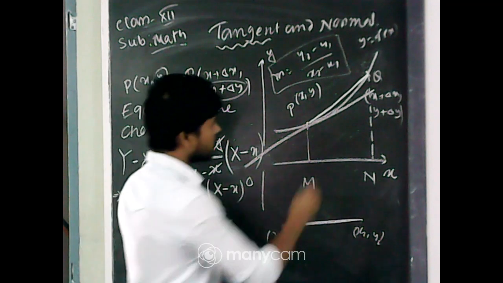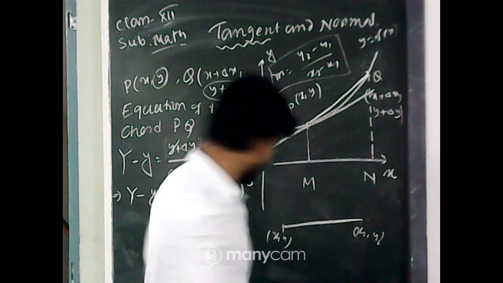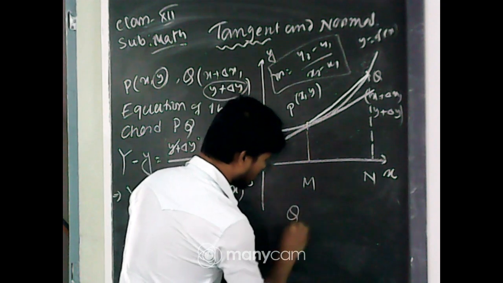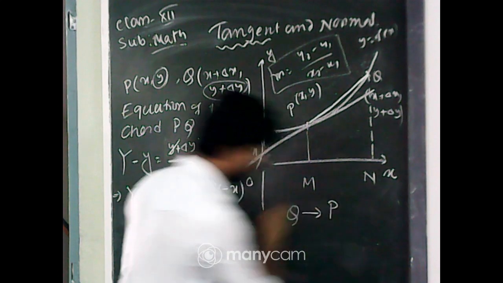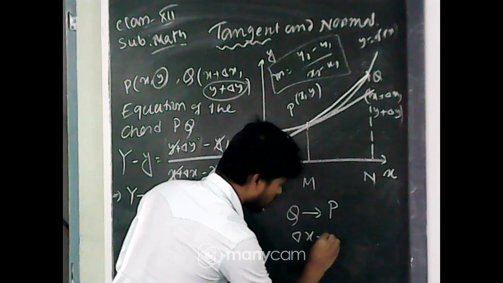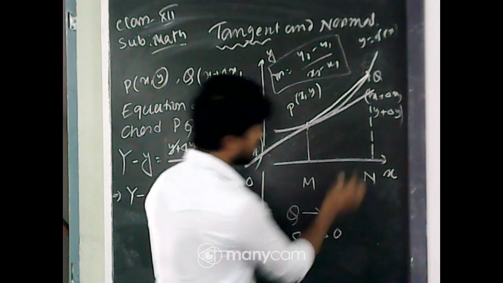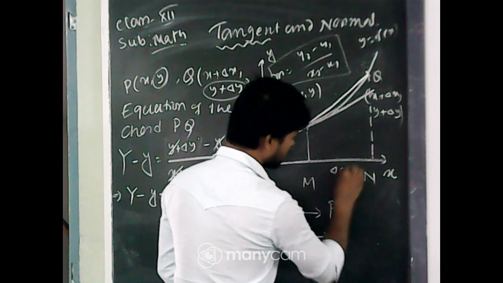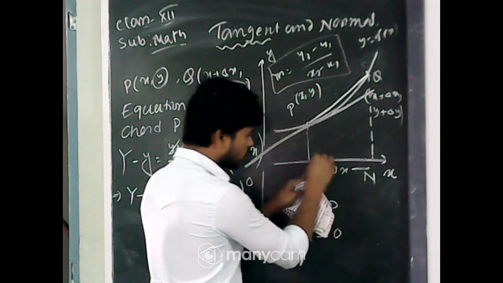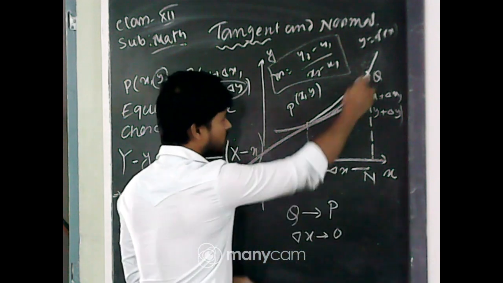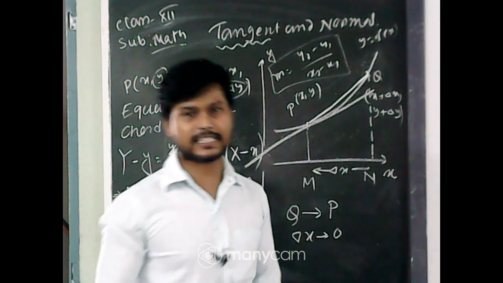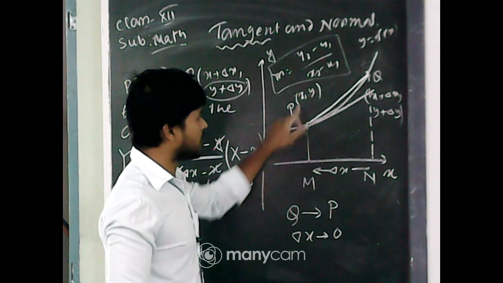So when Q tends to P, delta x tends to 0, and this chord PQ will be converted into the tangent of the curve at the point P x comma y.